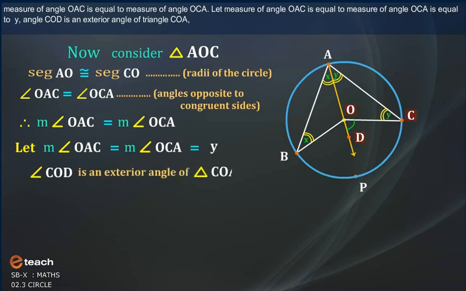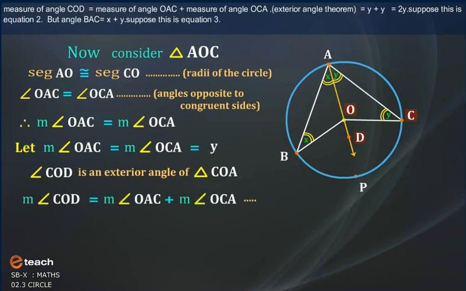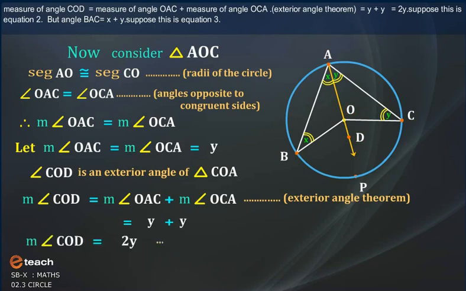Angle COD is an exterior angle of triangle COA. Measure of angle COD is equal to measure of angle OAC plus measure of angle OCA, by exterior angle theorem, is equal to y plus y is equal to 2y. Suppose this is equation 2. But angle BAC is equal to x plus y. Suppose this is equation 3.